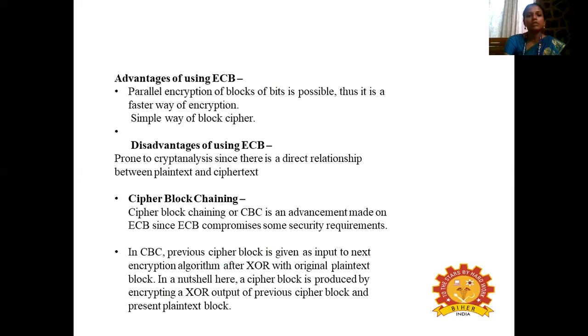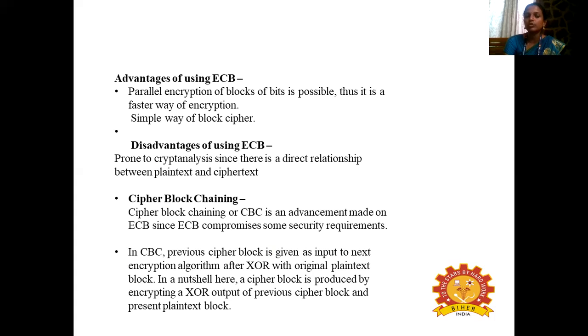Next, the disadvantage. It is prone to cryptanalysis since there is a direct relationship between plain text and ciphertext. The message is divided into a number of blocks, and we use the same key for every plain text.